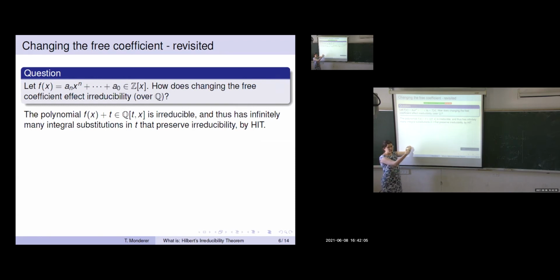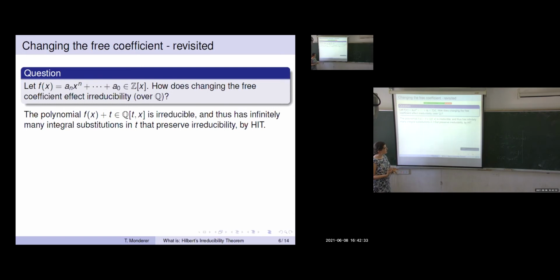We won't be able to write out two polynomials which give us something of this form and won't be involved in the variable t. So it's an irreducible polynomial. And by Hilbert's irreducibility theorem, we have infinitely many integral substitutions that will preserve irreducibility.